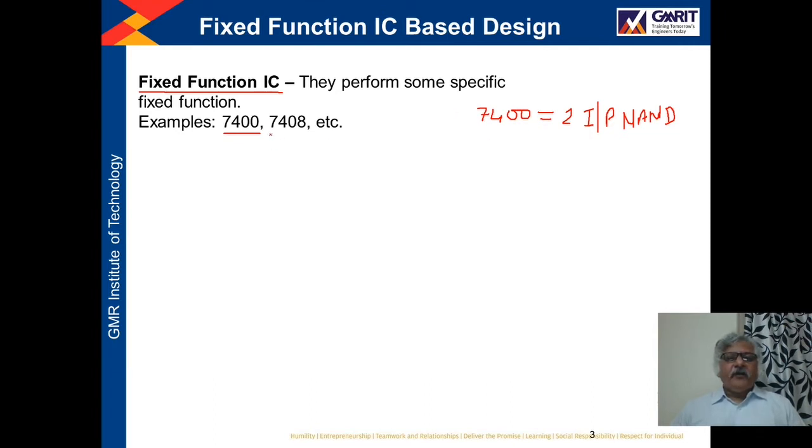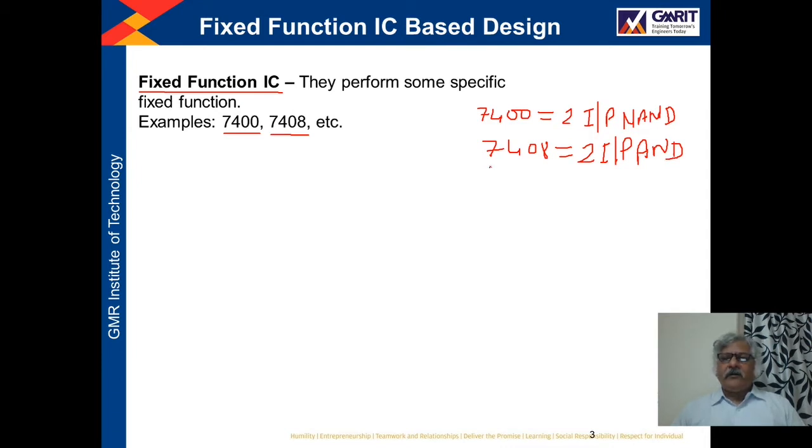In the same way, if you see 7408, if you recall this IC 7408, this is a two input AND gate. So the function of this 7408 IC is also fixed.